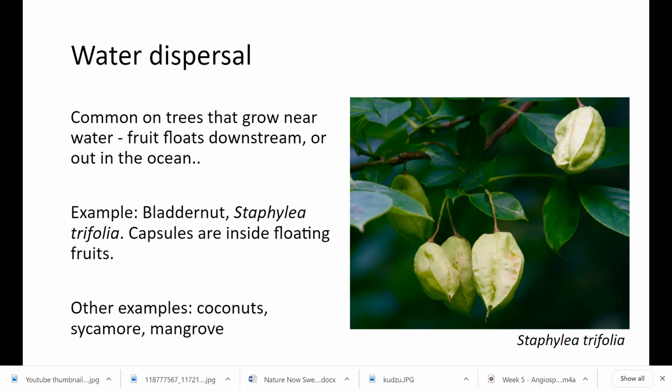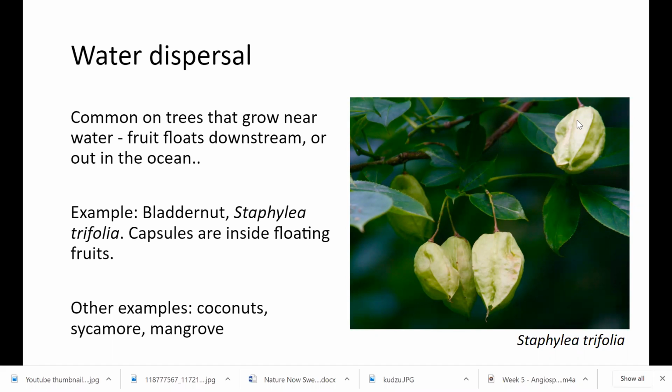So first, let's talk about water dispersal. This is a common dispersal mechanism on trees that grow near water, right? Fruits float downstream, and so they can reach a good habitat. And sometimes you have fruits that float out in the ocean. In this case, a local tree example is bladdernut, Staphylea trifolia. And so you can see these little hollow fruits, right?